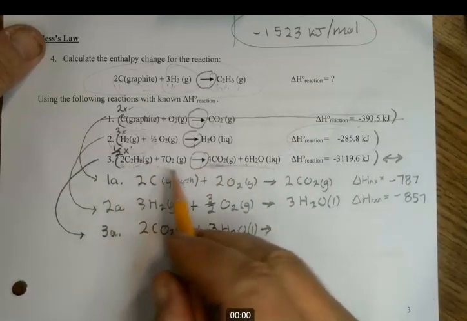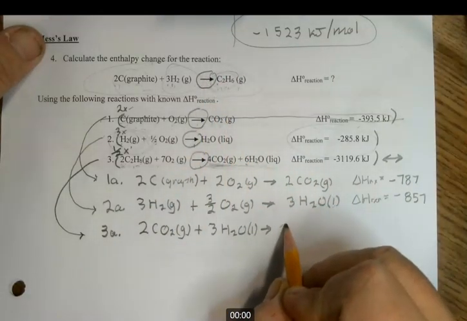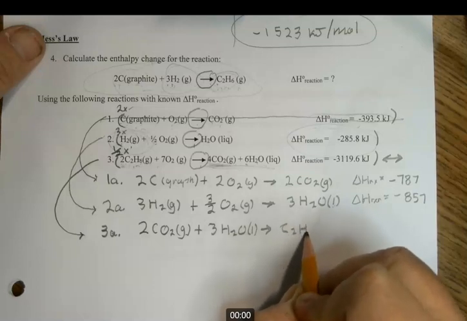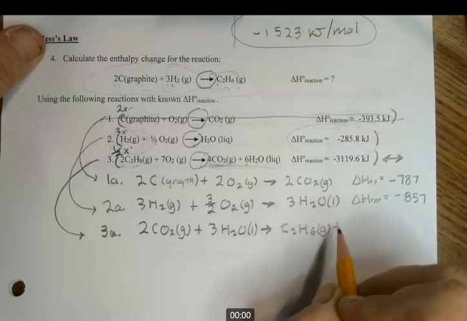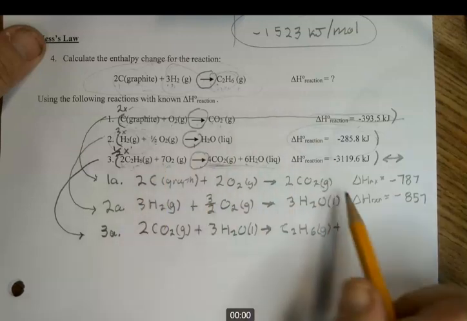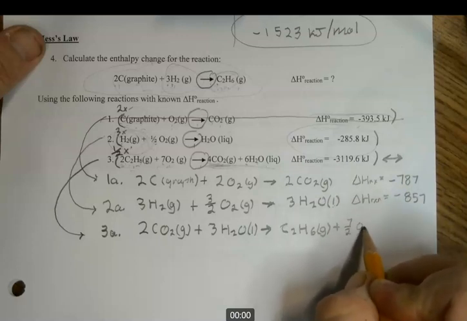And that's the whole reason we did this, is so it would match up with that up there. So we have 1 C2H6. I'm just going to leave the coefficient off. That's gas. And then finally on this side we have the 7 O2s. And so we're going to multiply those by 1/2, and that's going to be 7/2, and it moves over to this side, 7/2 of O2 gas.